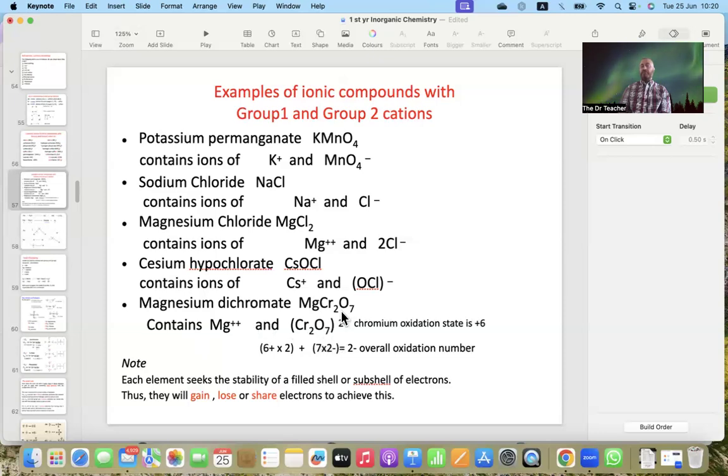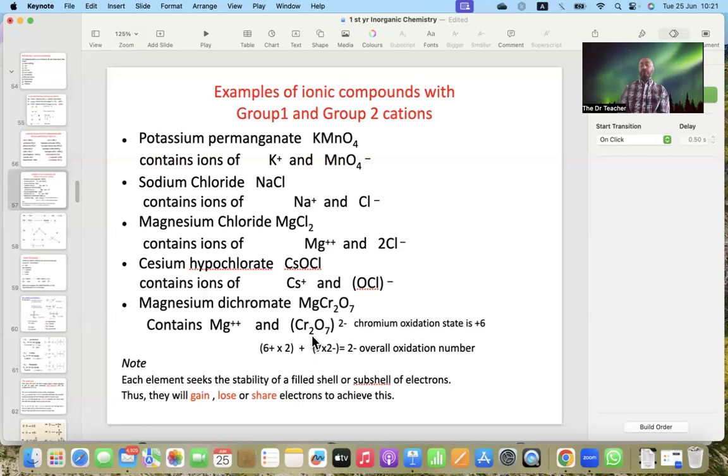The dichromate became -2. So these -2 are actually the 2 electrons from the magnesium. The two pluses here mean the magnesium lost 2 electrons. So this loses, this gains, and both of them became neutral in the magnesium dichromate.